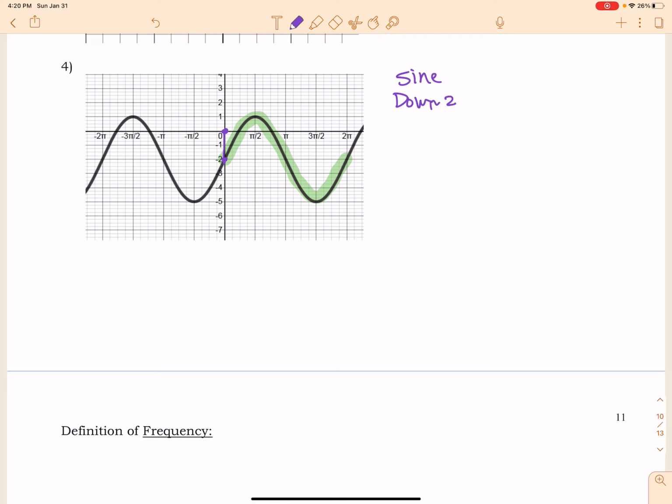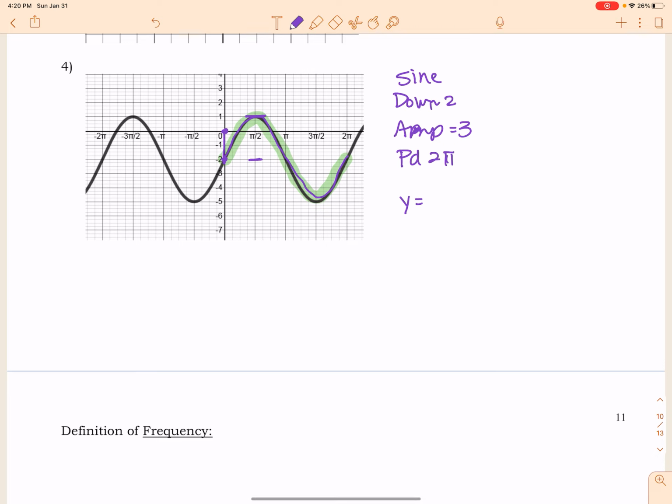And the amplitude, if I could spell amplitude, I have trouble with that word for some reason. Okay, so the amplitude, the measure from here to here, is 3. And the period, again, it takes 2 pi to get to a full cycle. So the period is going to be 2 pi, just like the parent. So that's everything that's happening here.